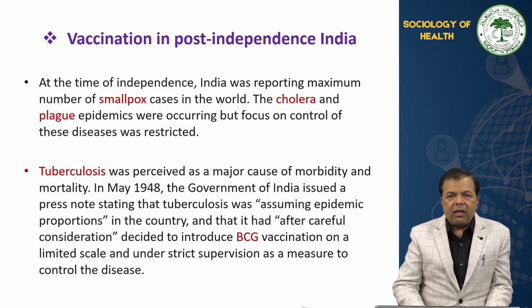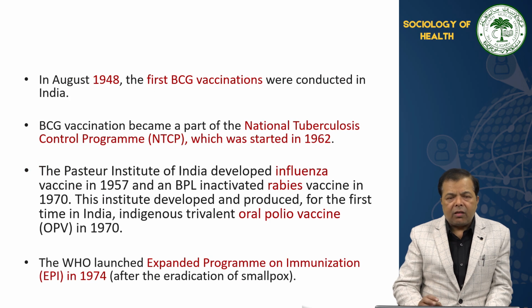So, BCG vaccination was the only thing that was available at that point of time for controlling tuberculosis, and that was very effective also at that point of time. And later on we got to know that it is really effective. So we all have heard about the BCG vaccine.